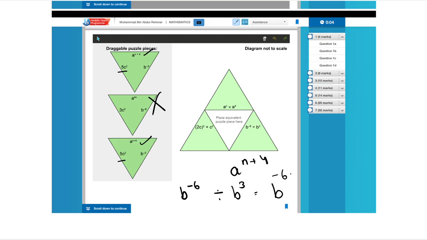So we get minus 6 minus 3, which gives us an answer of negative 9. So this is going to be the equivalent puzzle piece that we're going to have here. Okay, I hope all of this makes sense.